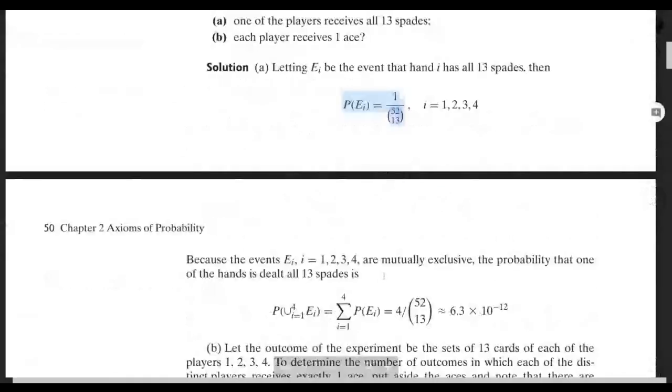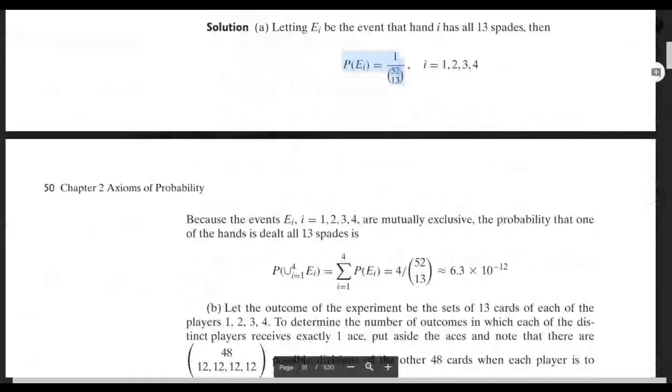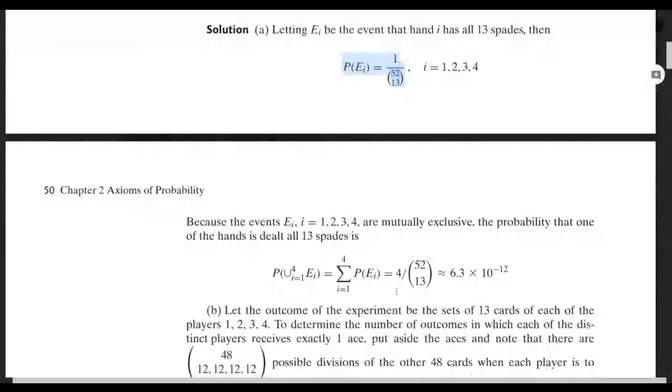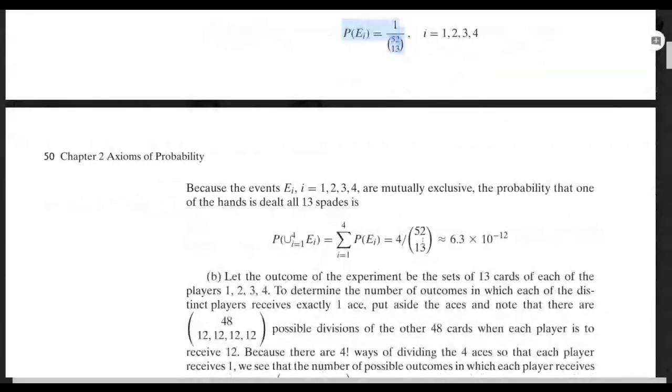So 4 times 1 over this, which, if you calculate, you get a very small number. So very small chance when you play bridge that you get 13 cards all in 1 suit.